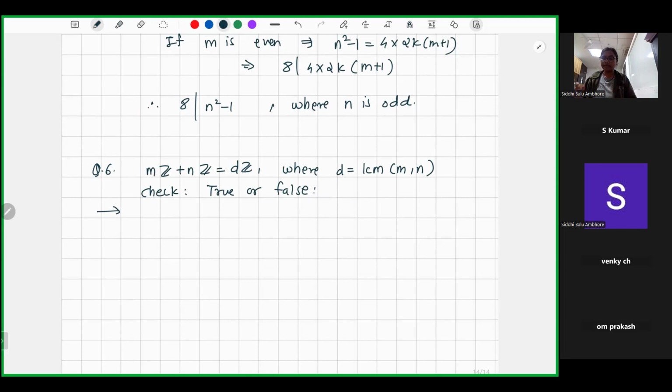What they are saying is mZ plus nZ is dZ, where d is the LCM. So this is always true. So what is the LCM of m and n?